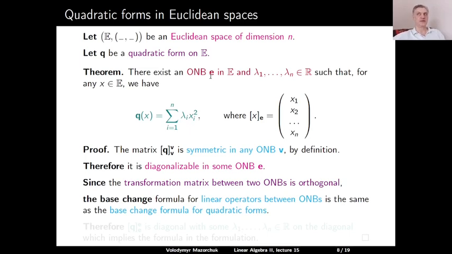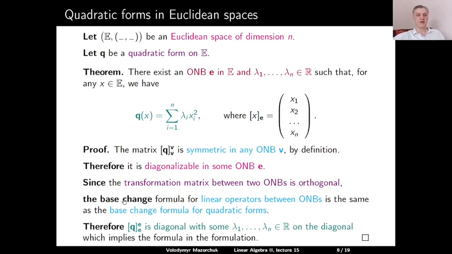So for quadratic forms, the base change formula is the transformation matrix transposed times the original matrix times the transformation matrix. For linear operators, the base change formula is the transformation matrix inverse times the original matrix times the transformation matrix. But orthogonal transformation matrices are exactly those matrices for which the inverse coincides with the transpose. And this gives us this property.